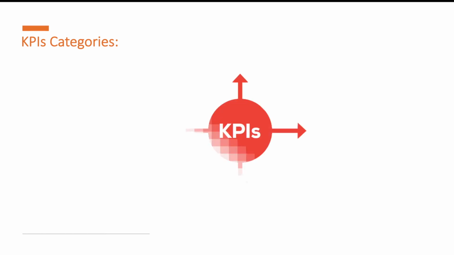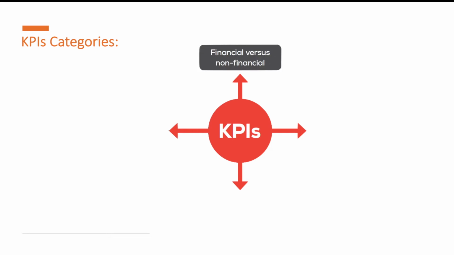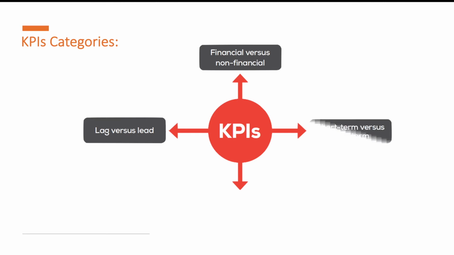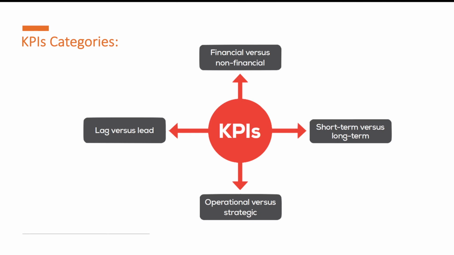KPI categories: one, financial versus non-financial. Second, lag versus lead. Short-term versus long-term. Operational versus strategic. We will be discussing all these KPI categories in detail in the upcoming slides.